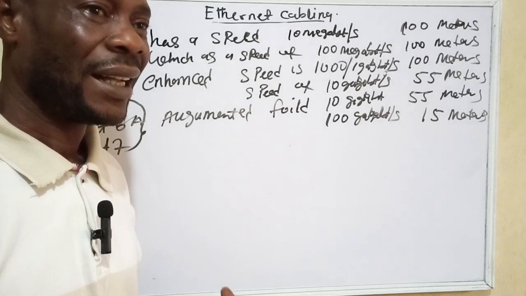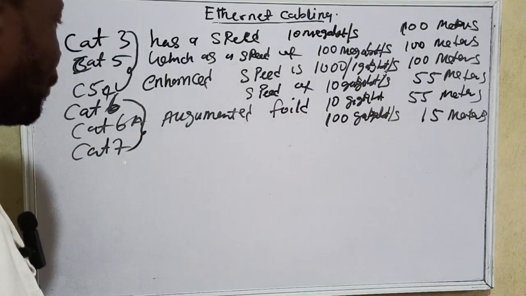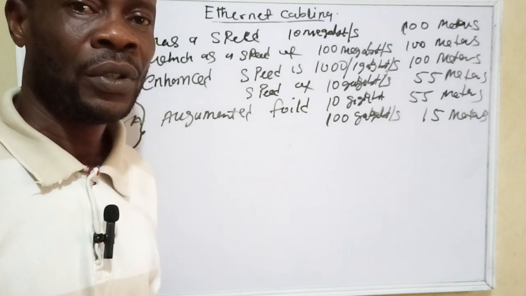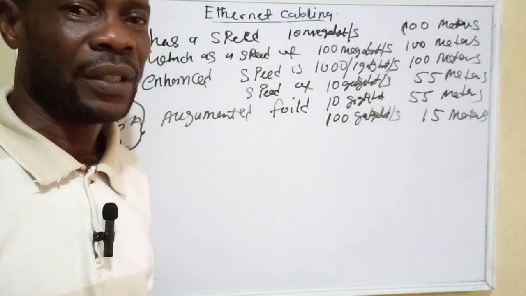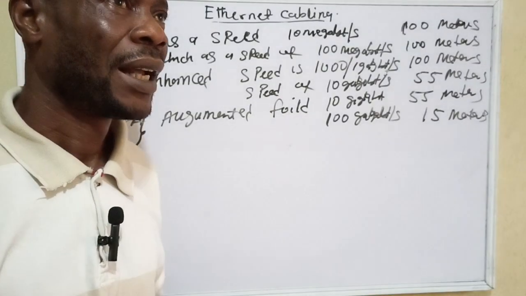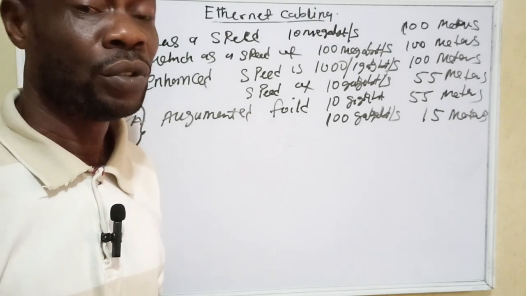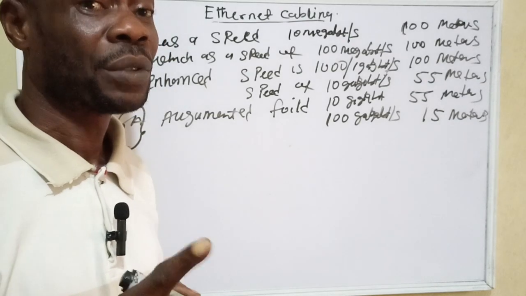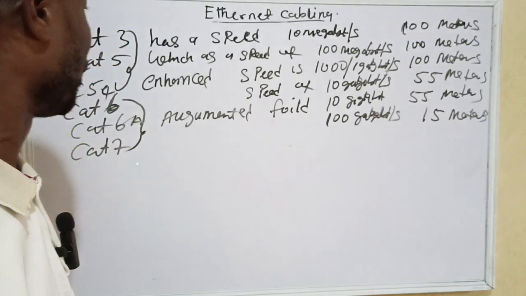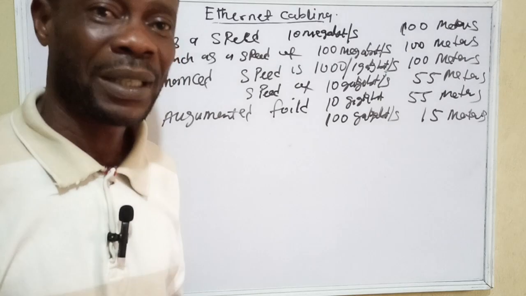Each of these cables has 4 pairs of copper wires inside the cable. Like in Cat 5 and Cat 5E, data can be transmitted at 100 megabit per second using 2 pairs of wire: one pair to transmit and one pair to receive. But even Cat 5E can transmit 1 gigabit per second.